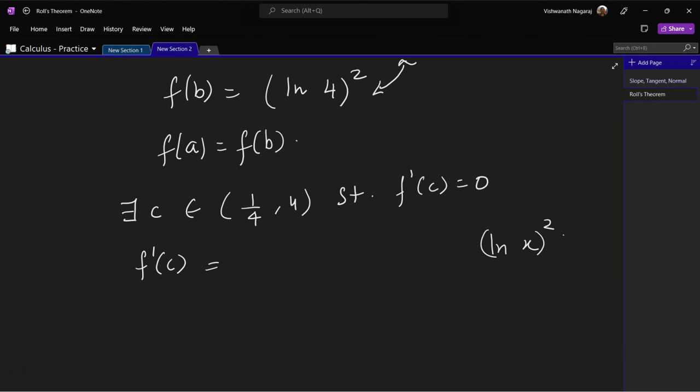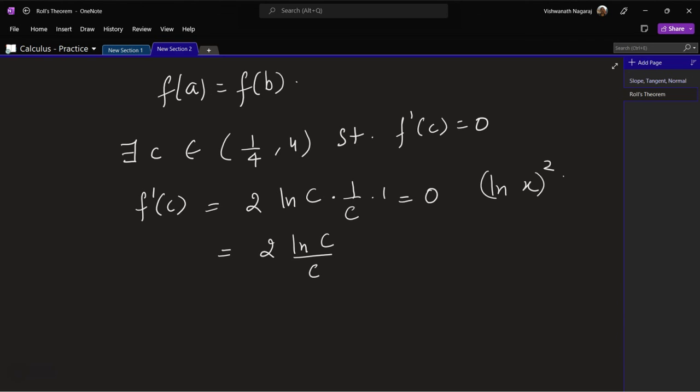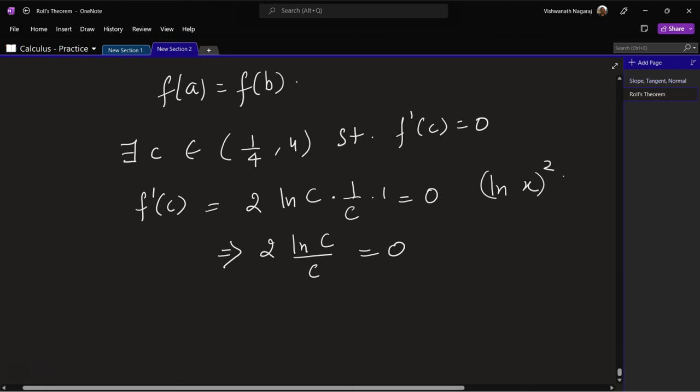So when we differentiate it, we get 2 natural log of c times 1 by c times 1 for x. So that becomes 2 natural log of c by c. Now this should be equated to 0, right? So this becomes 2 natural log of c equal to 0.